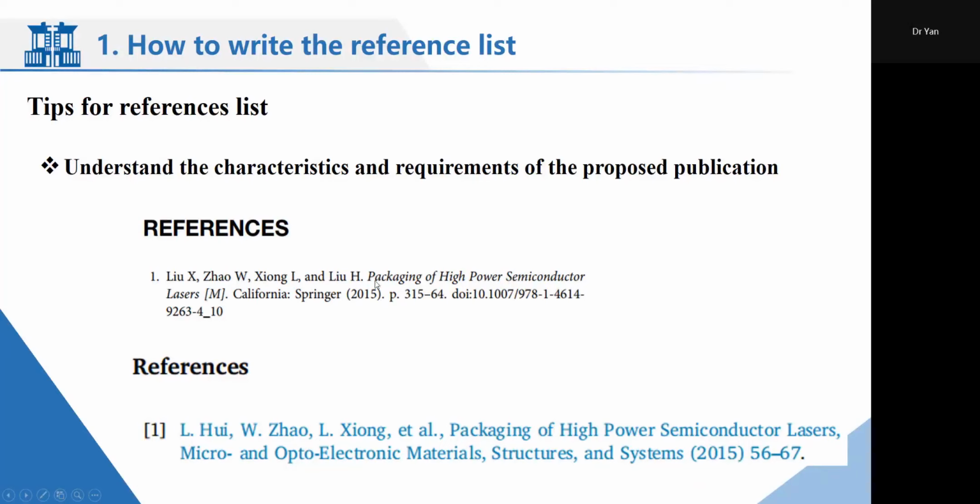For this one here, as you can see, the name of the authors: 1, 2, 3, and it only has 3 authors. But this one has more than 3 authors, so it has et al., which means there are also other authors for this paper.